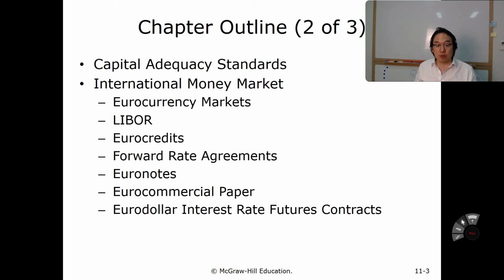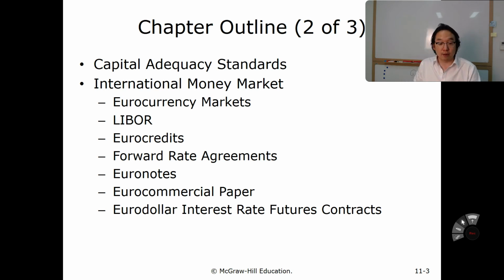And international money market, we're going to talk about it. And there we have to talk about something called Eurocurrency, like Eurodollars, Euroyen, and LIBOR kind of rate. LIBOR, SIBOR, TIBOR, right? KORIBOR, what is that? Euro credits, we're going to talk about it. The currencies that are deposited outside of their domicile country.